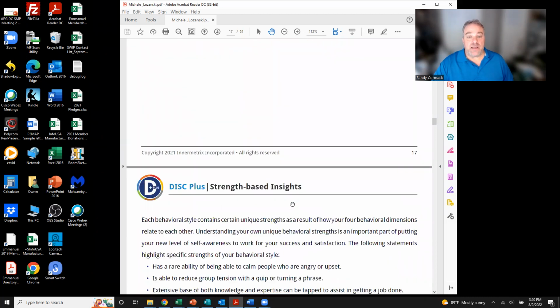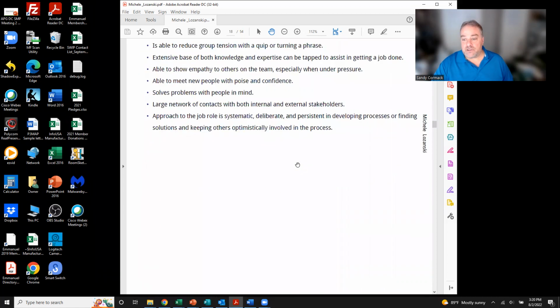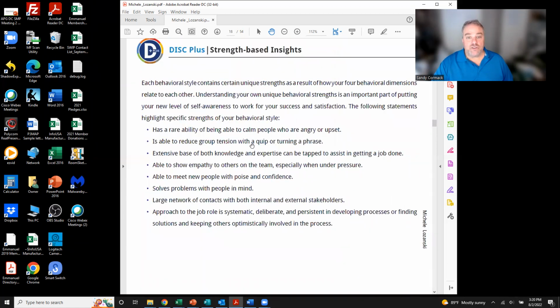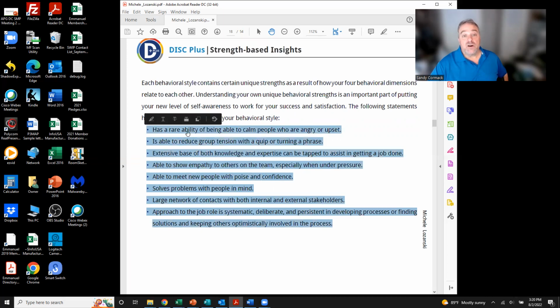I'm going to skip down here to strength-based insights, which is on page 18. Strength-based insights is another way of looking at the strengths that come from your behavioral profile. So take a look at some of the strengths that come out of this person's unique combination of scores.